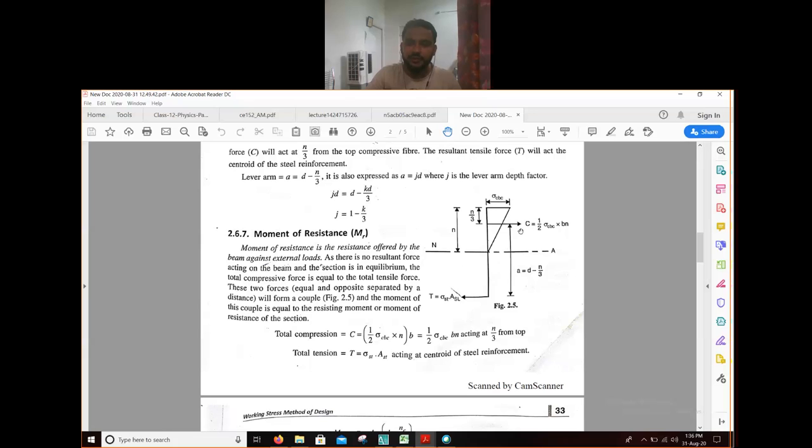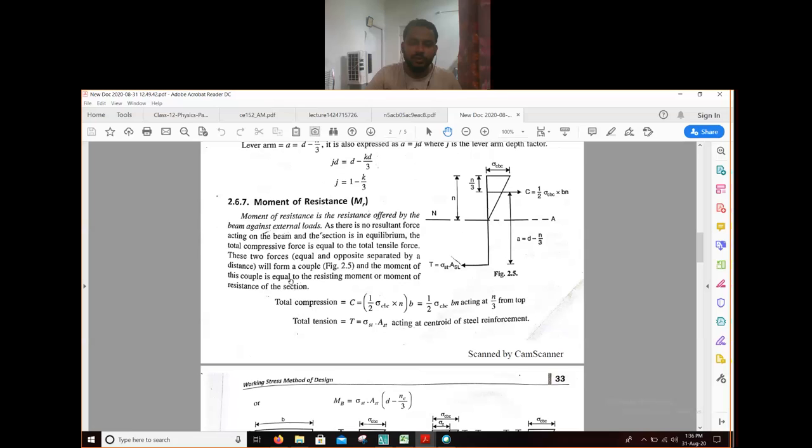The values will be the same because C and T are the same. That couple is known as our moment of resistance. The moment of this couple is equal to the resisting moment or moment of resistance of the system. So a couple is nothing but our moment: force into this distance is our couple, and this couple is known as our moment of resistance.